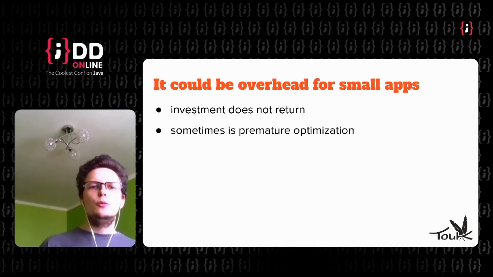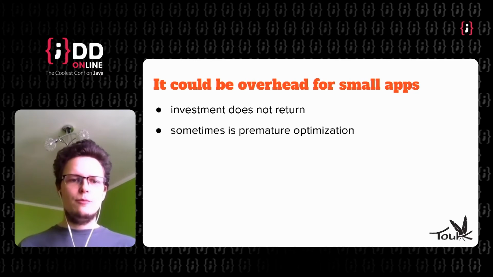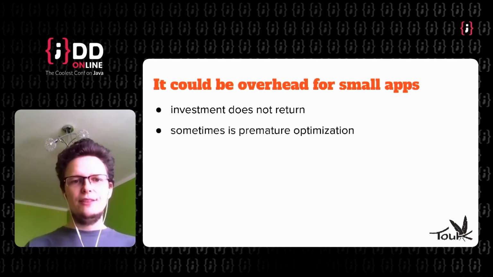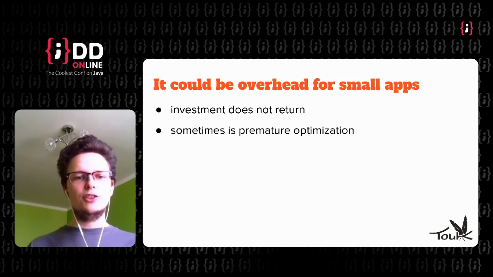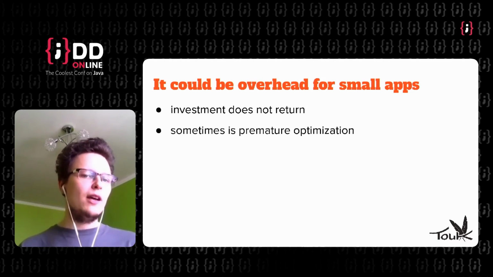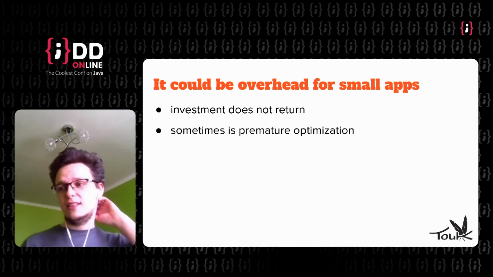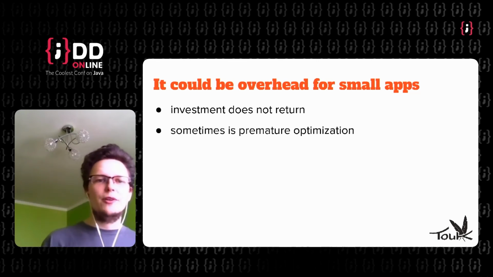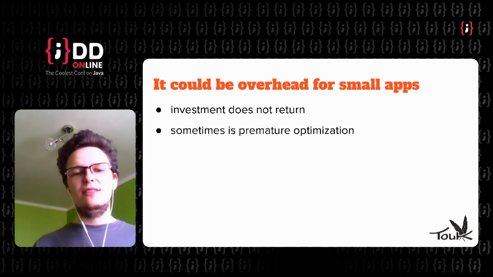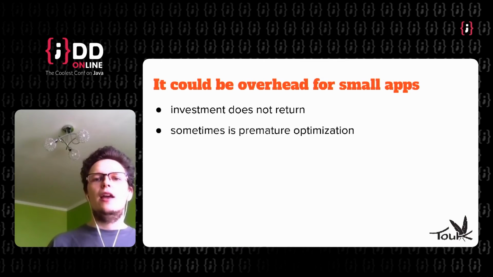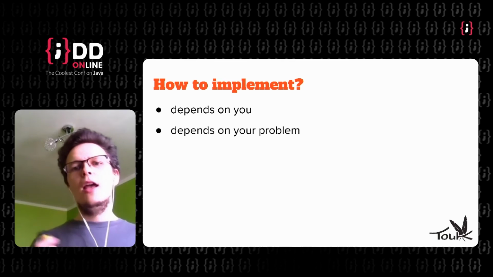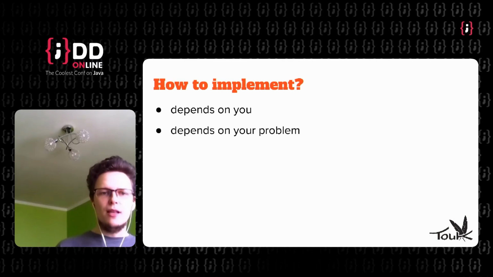Such architecture could be an overhead for a small application, because if we set up a new microservice with such architecture, and there should probably be 1, 2, 3 classes, then building it on top of ports and adapters architecture could be too much for our microservice. Sometimes it's premature optimization. There is also the question of how to implement it, and it's also a disadvantage because there are not a lot of good resources.